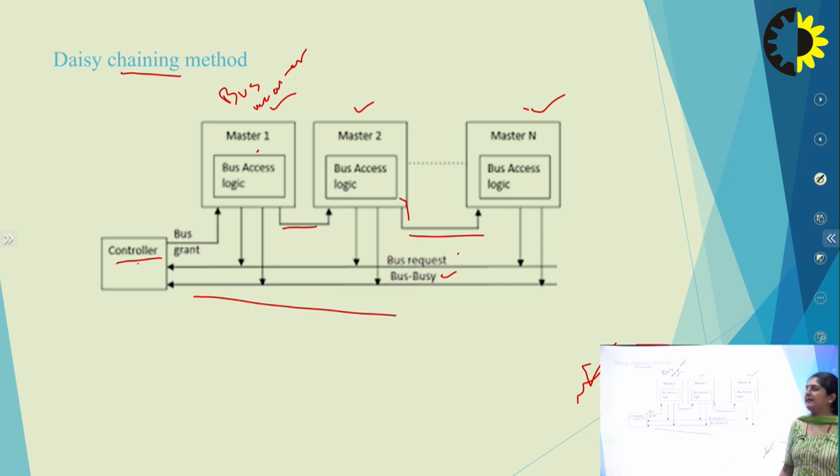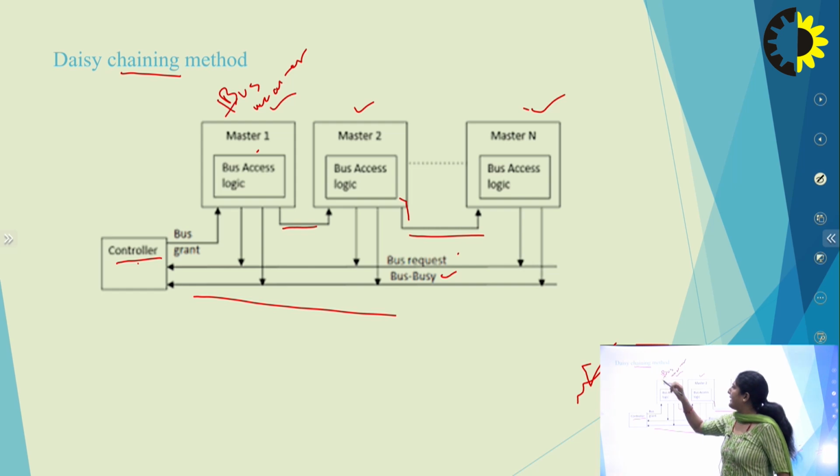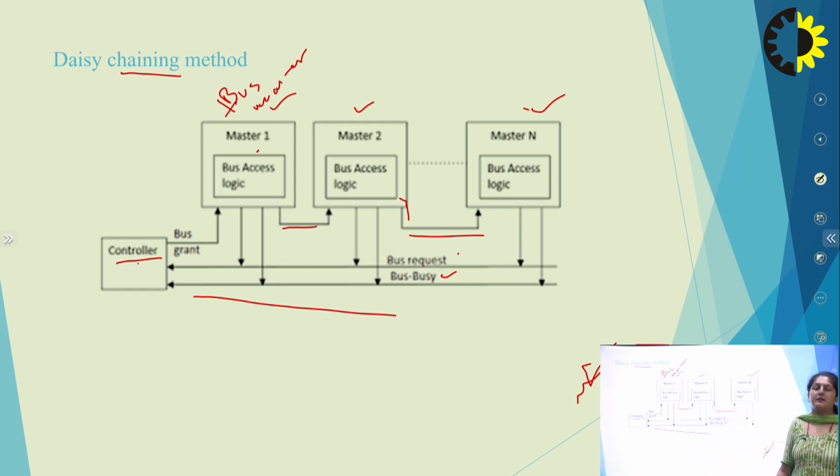That is unfairness. And what is fault tolerance? If device 1 fails, and they are all connected in a chain, the other devices will never get their chance. This leads to a deadlock position. There is no fault tolerance, which is a very big disadvantage of the daisy chaining method.